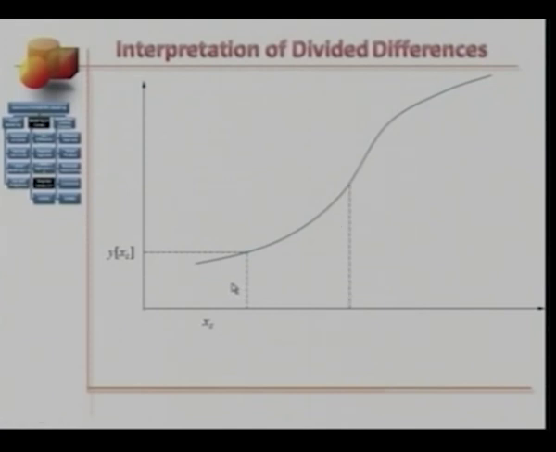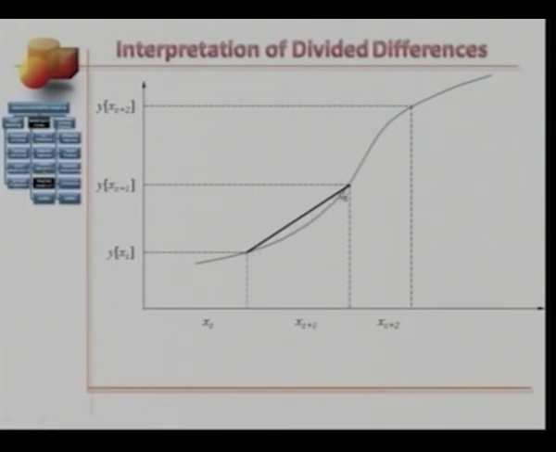Let's say we have another point xs plus 1. Correspondingly, the value is ys plus 1, y of xs plus 1. Third point, xs plus 2, ys plus 2. Join the first 2 points here.